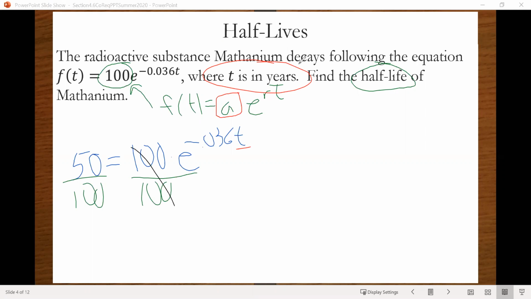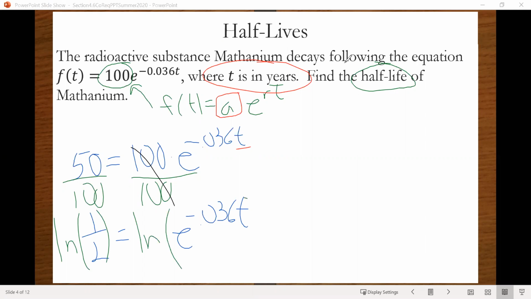Then we'll have 50 over 100, which we know reduces to 1/2. So 1/2 equals e to the negative 0.036t. Now, since we're trying to solve for something in the exponent, we need to take a log on both sides, but since we have an e here, I actually want to use the natural log.